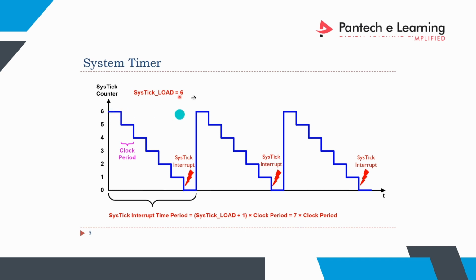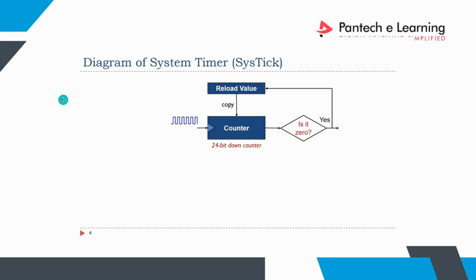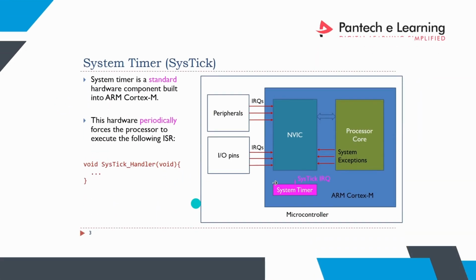I consider I have given the load value as 6. So it is going to start the count from 6 and come down to 0. When it comes to 0, it is going to give a SysTick interrupt. By enabling the NVIC interrupt, we can put some function inside the interrupt handler.